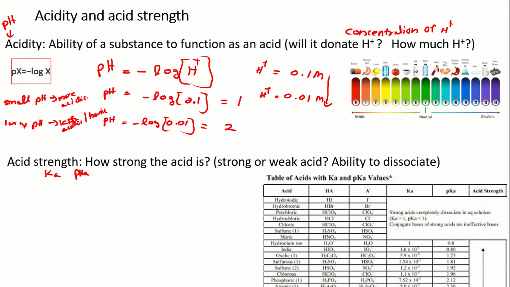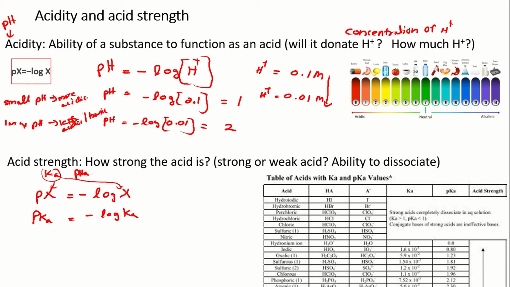The general formula is pX is negative log X. In place of X, plug in Ka. So pKa means negative log Ka.